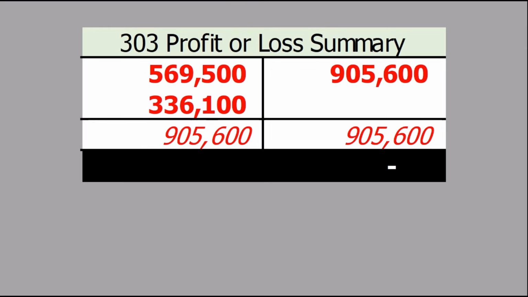After the closing procedures, your profit or loss summary will also go back to zero. Okay? Because after all, profit or loss summary is only a temporary valuation account. It does not really do something in the financial statements. So after the closing procedures, your PL summary would also be zero.